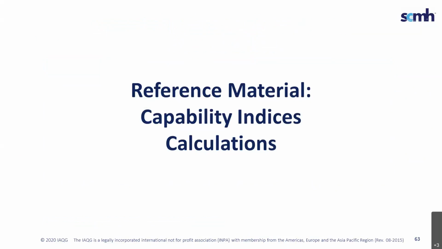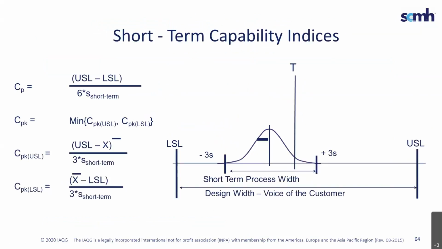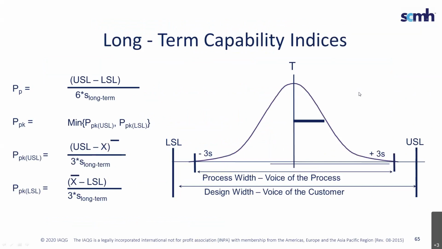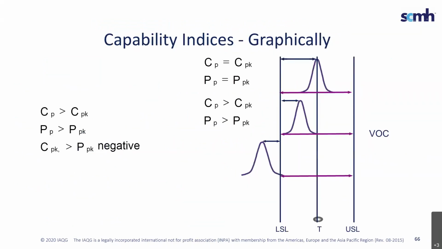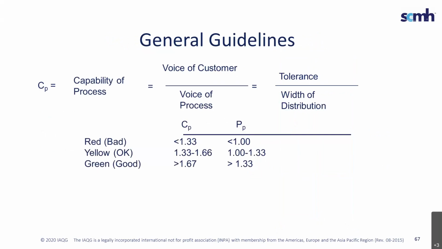Okay, I'm going to go quickly through some of the reference materials, mostly what Peter talked about. In fact, I think they're all what Peter talked about here. You see the short-term indices, which is our CP and CPK controls, long-term, which is our PP and PPK controls. These are some of the tools that you can use. This is how he represented graphically some of the relationships between CP and CPK, the centering portion of it.